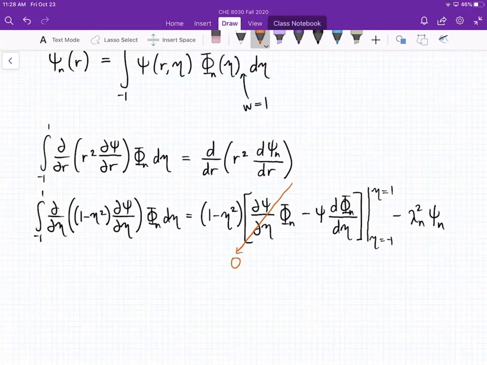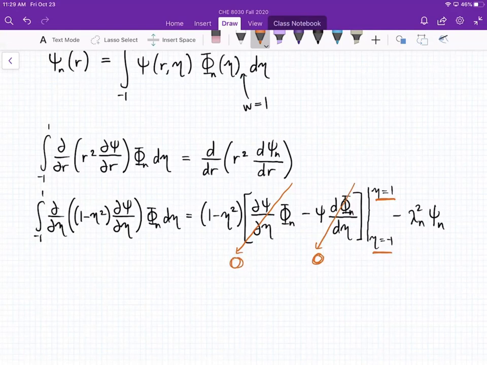Second term, because we know that the gradient and the temperature are both finite at eta equals -1 and eta equals 1, that second term also goes away. So I guess technically the first term goes away because of the temperature gradient being finite. The second term goes away because the temperature is finite.